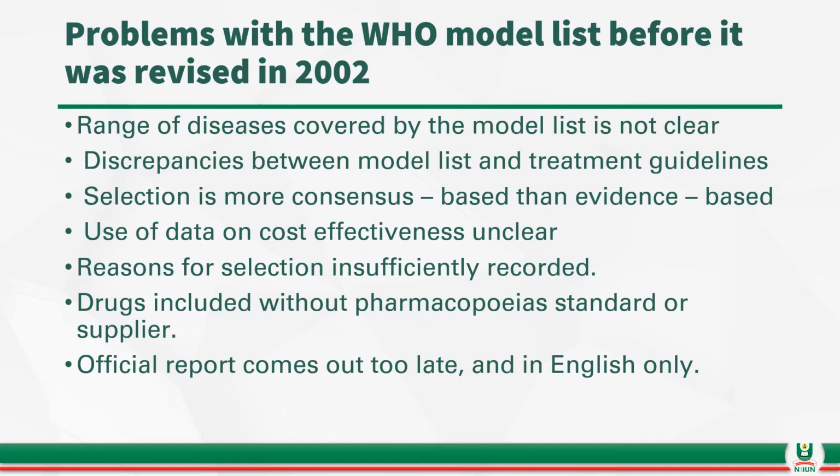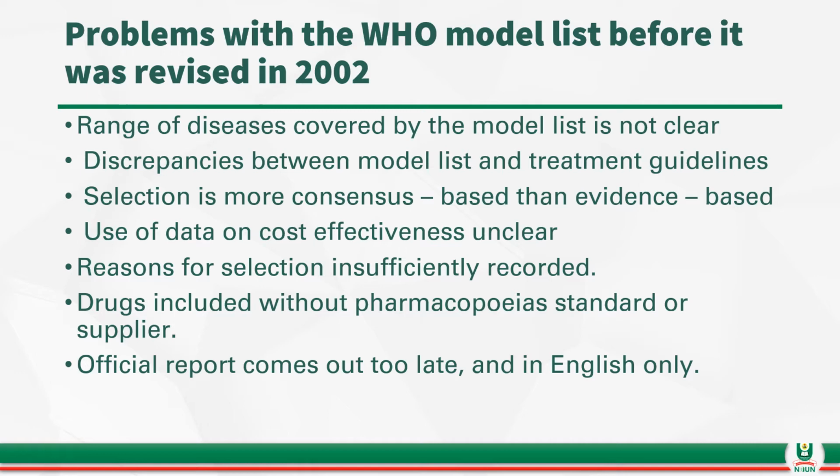There are a couple of problems with the WHO model list before it was revised in 2002. There is a range of diseases covered by the model list which are not clear. There are discrepancies between the model list and the treatment guidelines. The selection process of the medications on the list is more consensus-based instead of evidence-based.